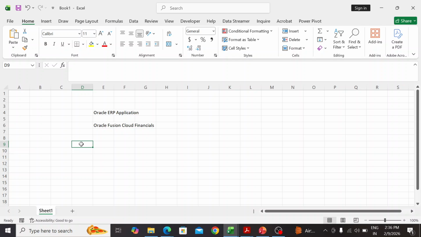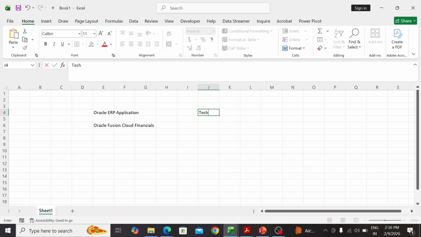So, what I'm trying to do here is help you understand the Oracle ERP application. You already have a good amount of experience in this application as a technical consultant, correct?